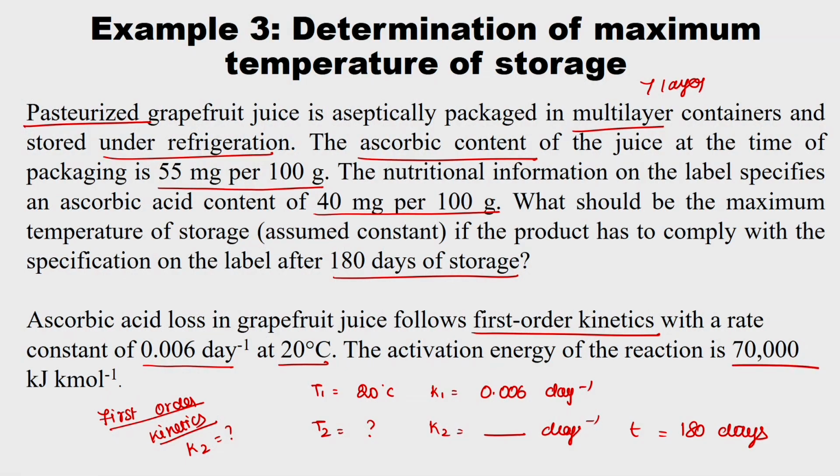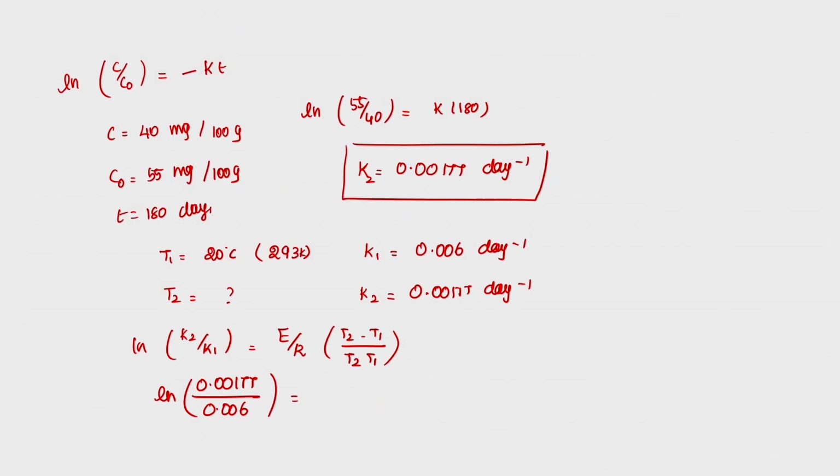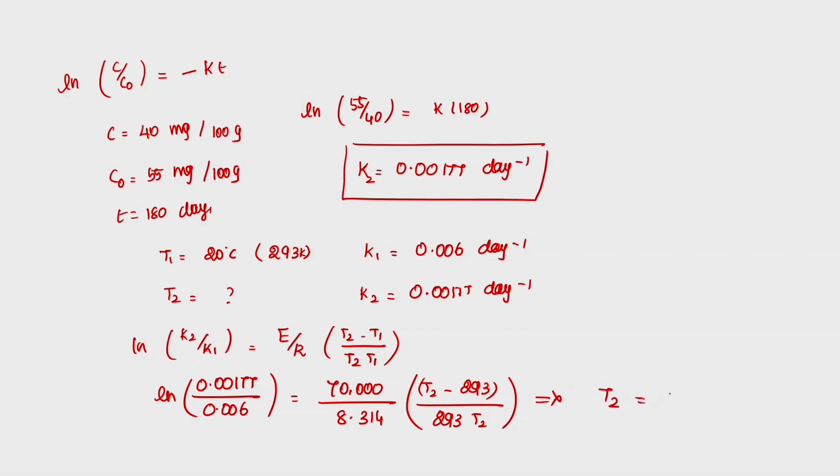So, this is nothing but 70,000, right. So, 70,000 upon 8.314. So, I do not know what is T2, but I know T1 is 293, divided by 293 T2. So, if you solve this, then you will get T2 as 281 Kelvin. So, which is nothing but 8 degree centigrade.